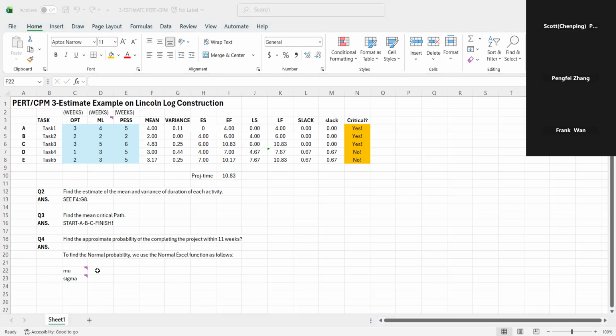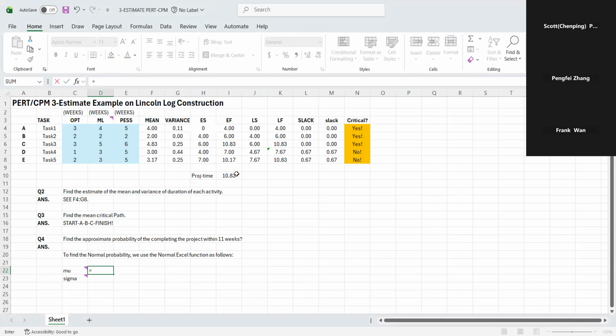Mu is the mean project completion time, which we found earlier. It follows from here. And sigma, actually, I should begin with the variance.